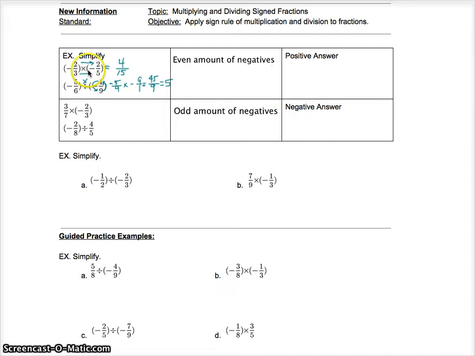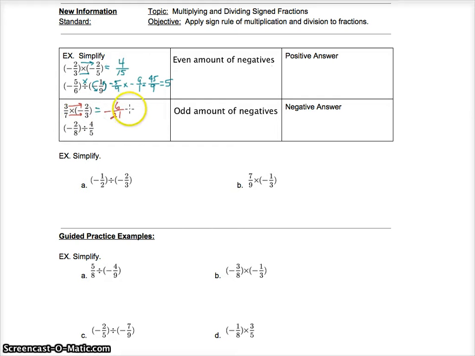So if we look at our problem here, 3 over 7 times negative 2/3, we're going to multiply straight across and then decide what to do with our negative value. So 3 times 2 is 6, and 7 times 3 is 21. I have one negative value, so that's an odd number.